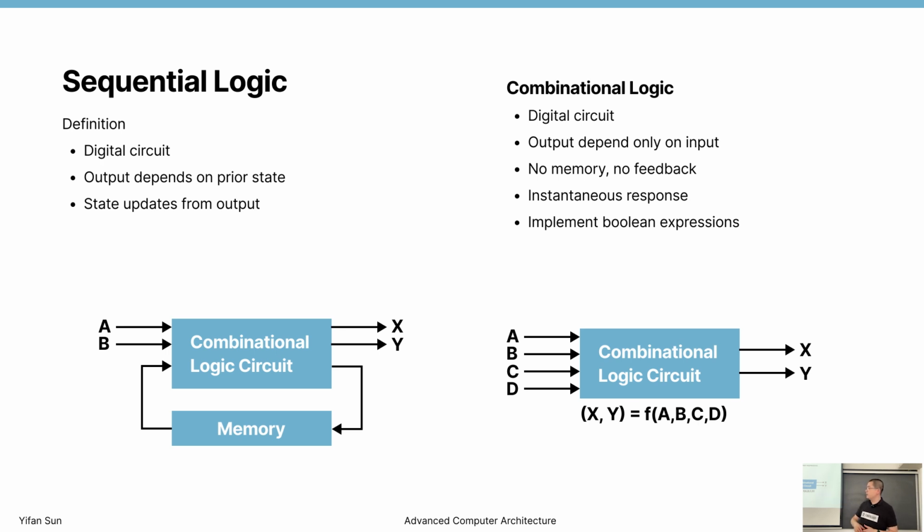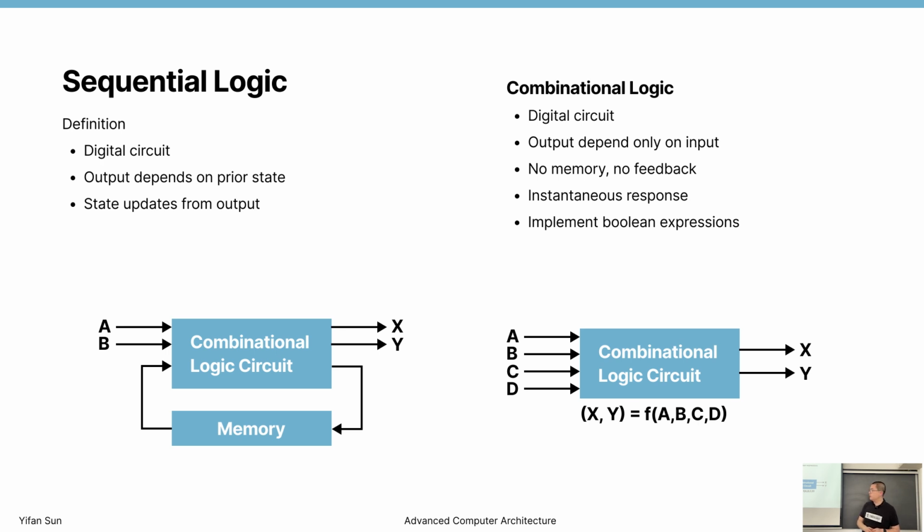But sequential logic, as you can see in this diagram, still has combinational logic as a main component, but we start to have memory and feedback loops within the sequential logic circuit.